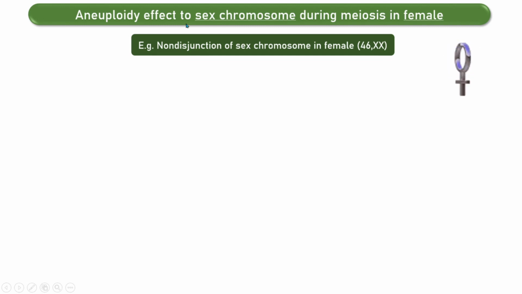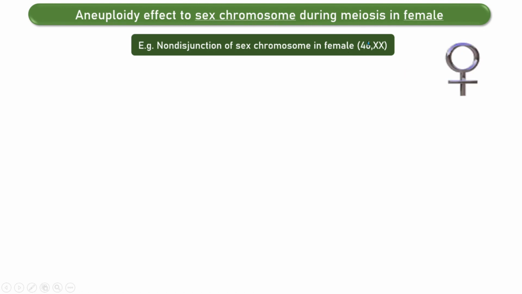Aneuploidy effect to sex chromosomes during meiosis in female. If non-disjunction occurs to the sex chromosomes in female, it will produce abnormal gametes.